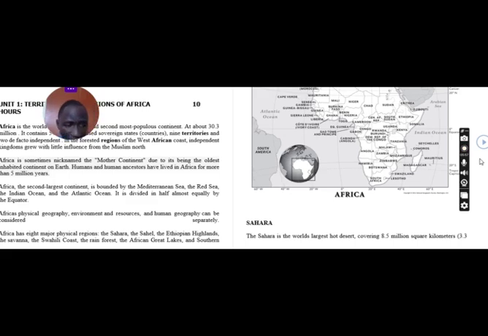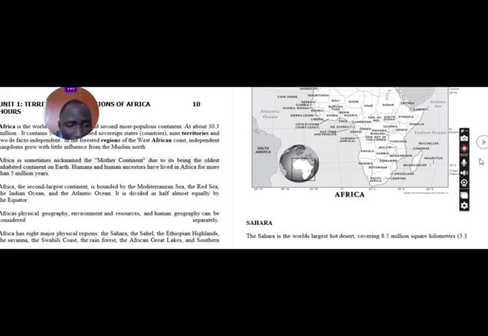When you look at Africa, Africa has physical geography, environment resources and human geography that we are going to be looking at as we continue with our studies. And Africa has 8 major physical regions.